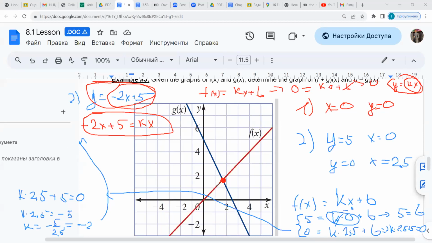It is obvious in this sketch that this linear function has the following equality. You see, x equals 2, y equals 2. x equals 4, y equals 4.